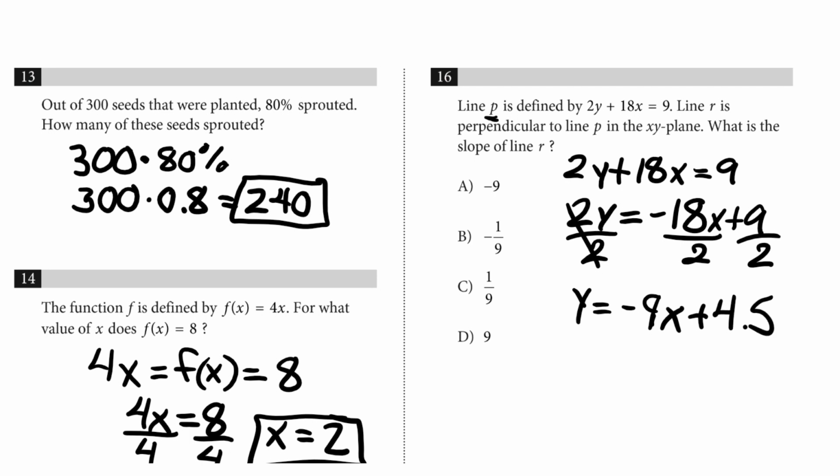So the slope for line P is negative 9, and the slope perpendicular to that, first we have to change the sign in front, so instead of a negative it's going to be positive, and we have to find the reciprocal of 9, which would be 1 over 9, or C.